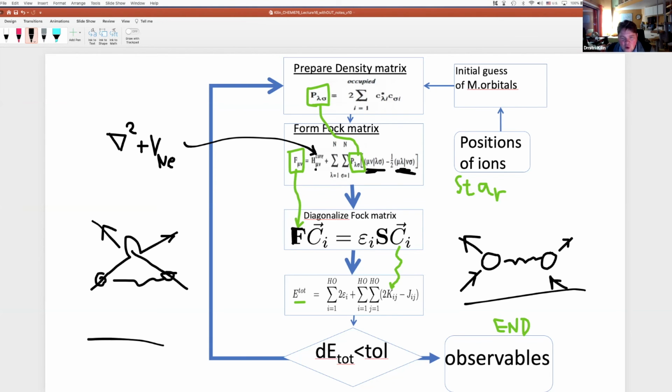Therefore, both the core part and this Coulomb exchange are formulated in terms of matrix elements between orbitals phi i and phi j, or here I think we call them mu and nu. And if we already know the matrix elements, then the energy will be just a summation of these matrix elements between all pairs of orbitals.